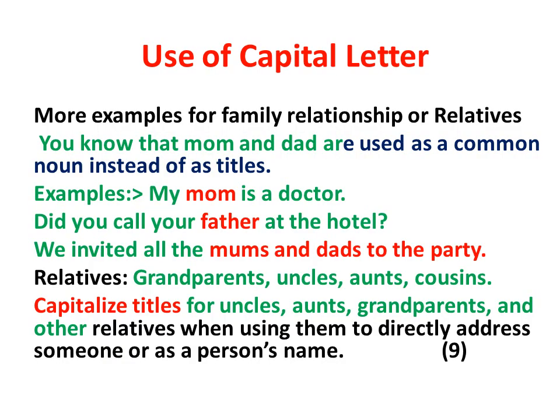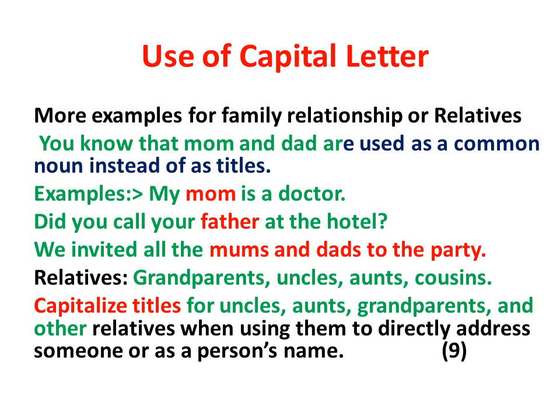Dear audience, dear spectator, there are some more examples for family relationships or relatives. You know that mom and dad can be used as common nouns instead of as titles. In a nutshell, whenever these relatives are not directly addressed, there is no need to write the first letter of that particular word as a capital.